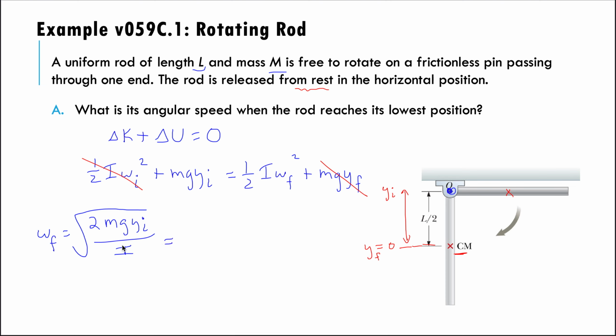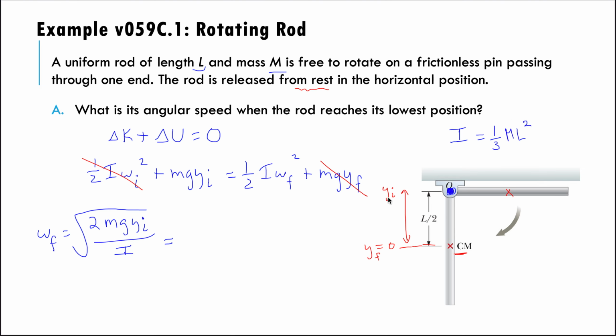Now we just need to plug in the definition of the moment of inertia of this rod. It's spinning about one end, so we have to go to our table to find the moment of inertia of a rod spinning about its end. We also did this in a previous example, and we know that the answer is 1/3 ML squared.